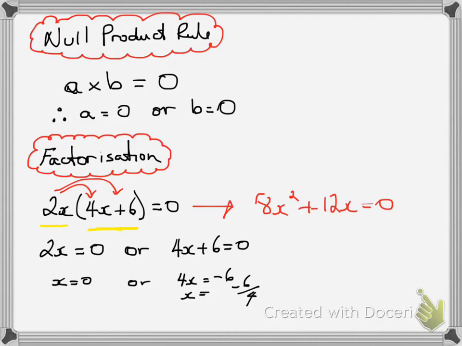Now that looks like a quadratic, but in fact you're making it harder, because realistically to solve that you're going to have to find a common factor, and the common factor is again 2x, which will take us back to what we originally started. So it's just messy, so don't go through that process. Don't try to factorise a quadratic unless the quadratic has 3 terms.